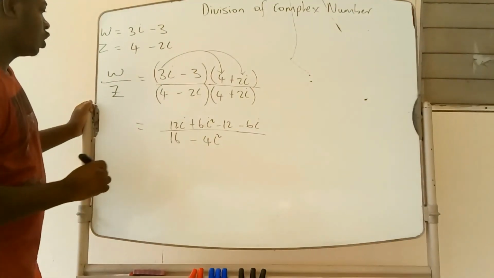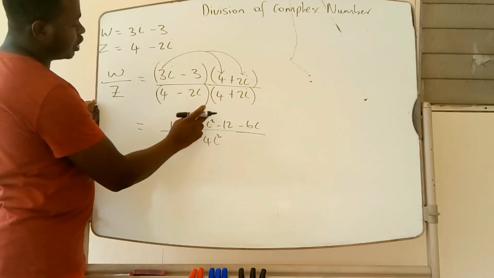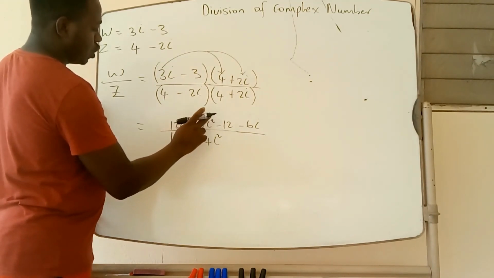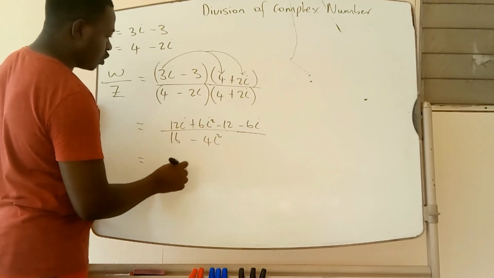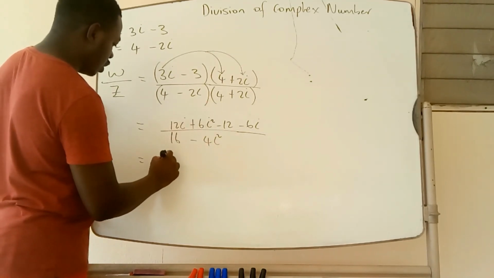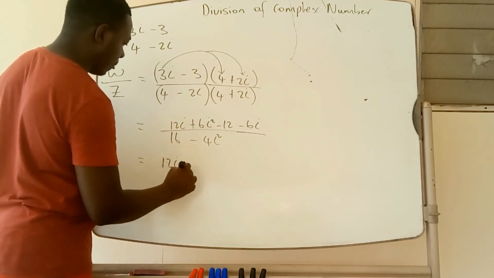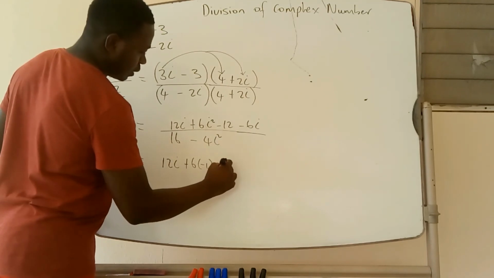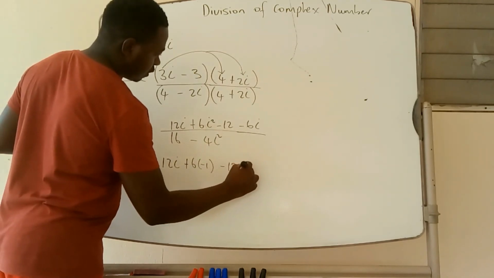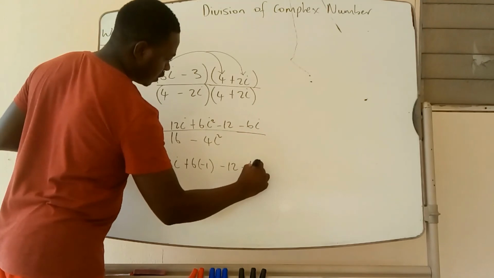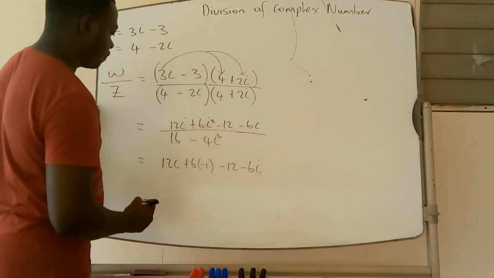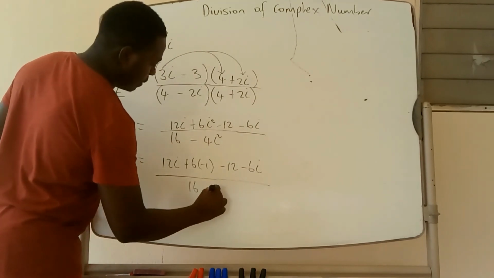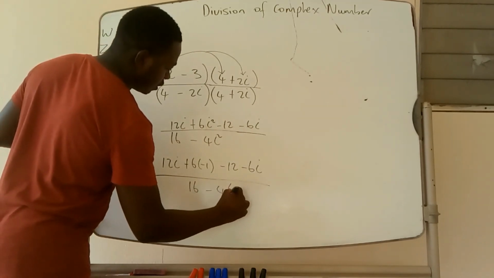Clear there? Recall that i squared is the same thing as negative 1, so we can replace i squared with negative 1. So here we're going to have 12i plus 6 times negative 1, minus 12, minus 6i, right? All over 16 minus 4 times negative 1.